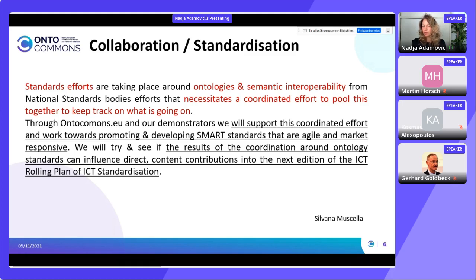Through the project and our demonstrators, we will support this coordinated effort and work towards promoting and developing smart standards that are agile and market responsive. We will try to see if the results of the coordination action around ontology standards can influence direct content contribution in the next edition of the ICT Rolling Plan for ICT Standardisation.